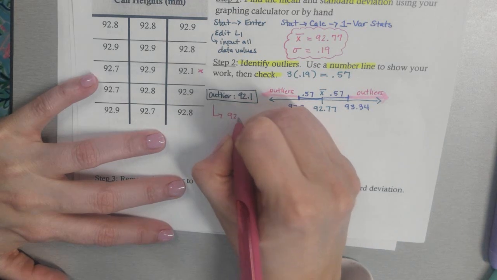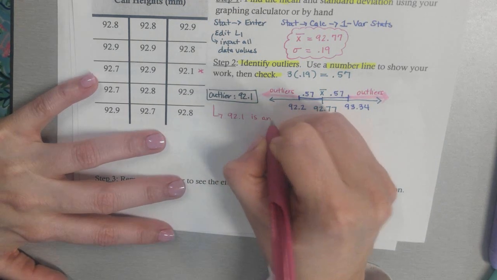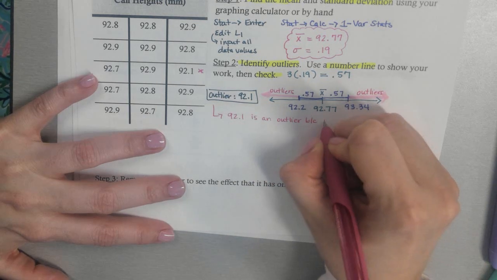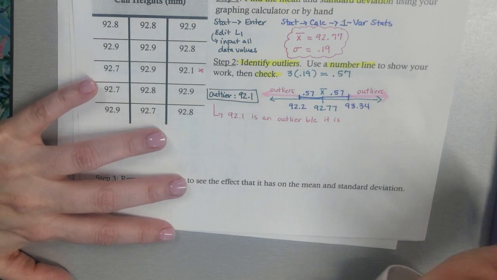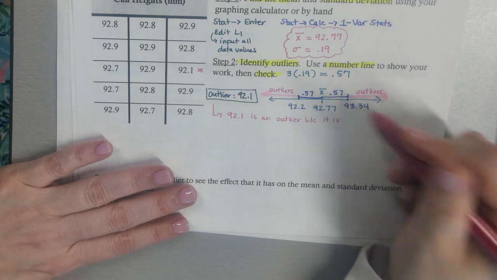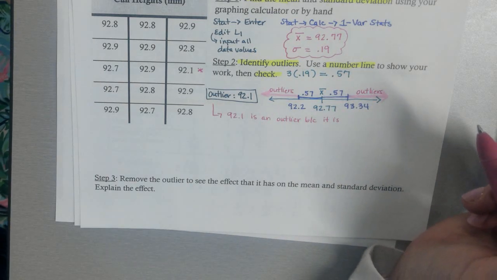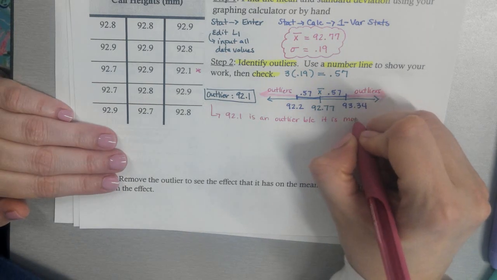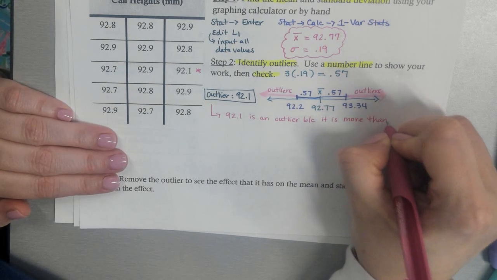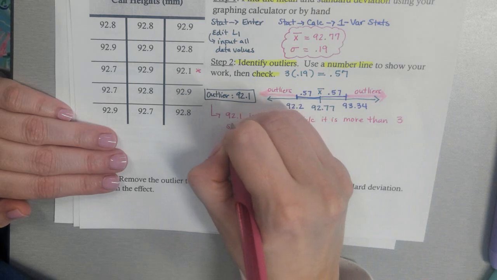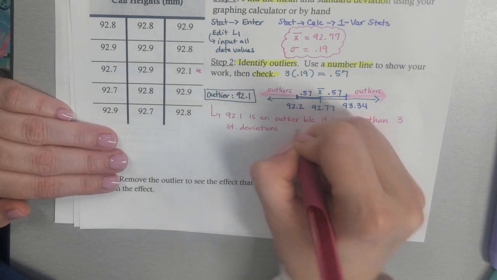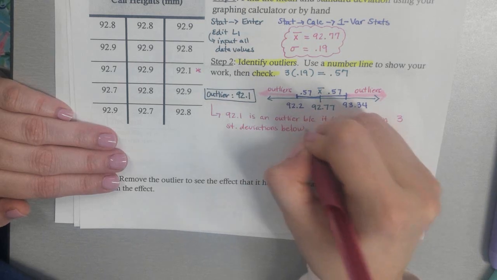So 92.1 is an outlier because it is... is this above or below the mean? Below. Okay, so it is more than 3 standard deviations below the mean.